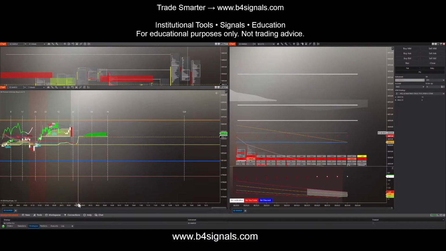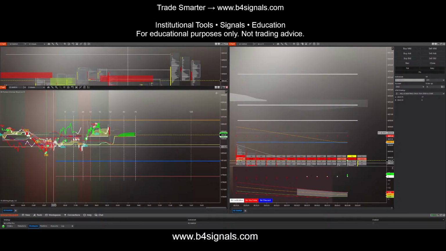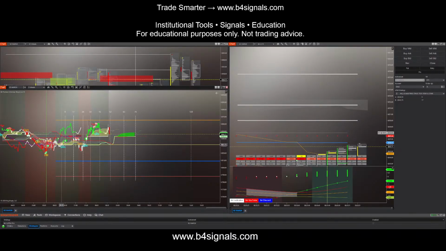Looking left, what does that look like with price action? Some possible support in this consolidation zone here, especially those two bottoms down here. Overall, still bullish until we close below the cloud.